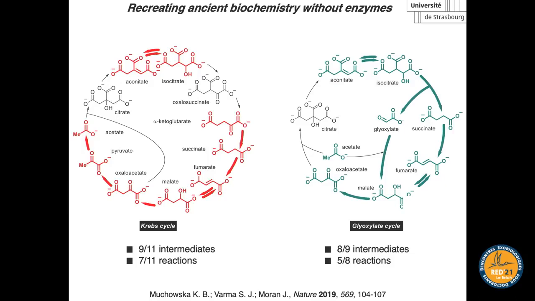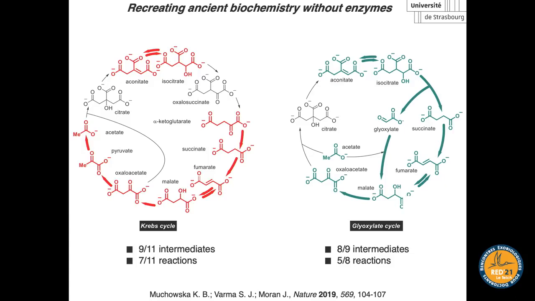To give you a better idea of why this is so important for biochemistry and prebiotic chemistry, let's have a look at the same network, but this time overlaid on actual biochemical cycles, the ones that life uses even today. On the left-hand side in red, you've got the Krebs cycle, and on the right-hand side in blue, you have the glyoxylate cycle, which is used by plants.